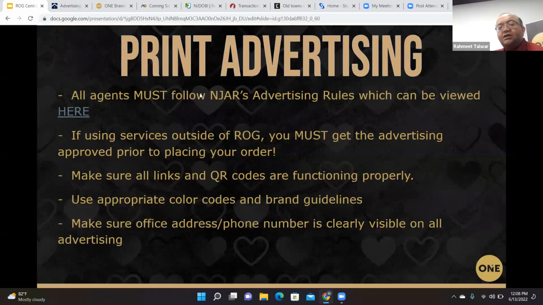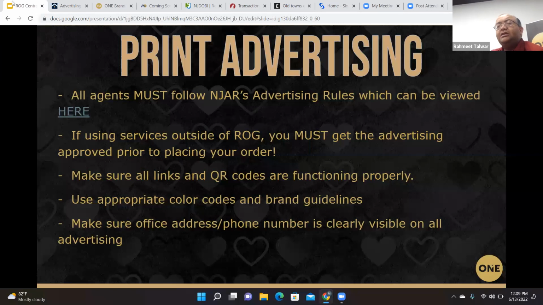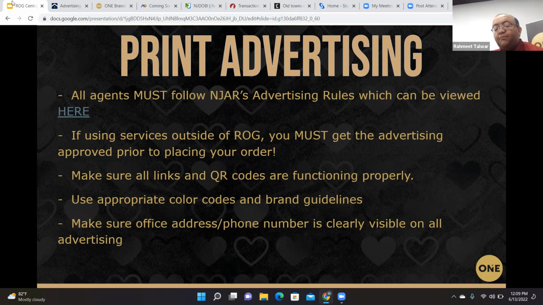If you go into that link right there, it's broken down into different links. Any questions that you have, let us know. If you're using One Design or other approved vendors, they're already formatted to work with the rules set forth by the Real Estate Commission.